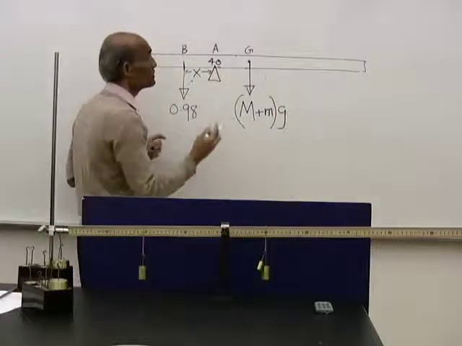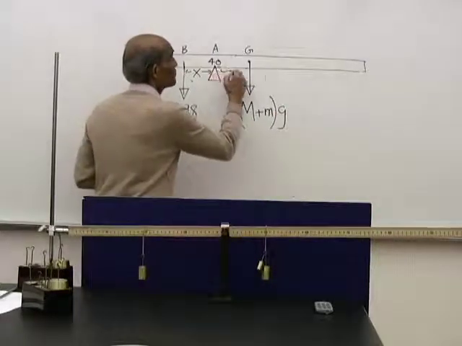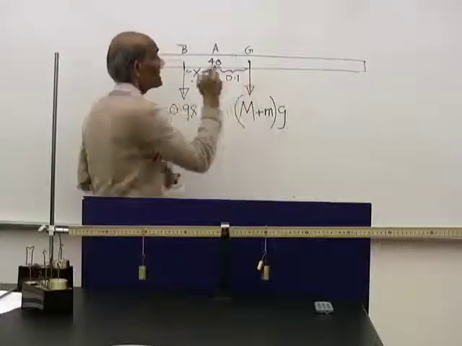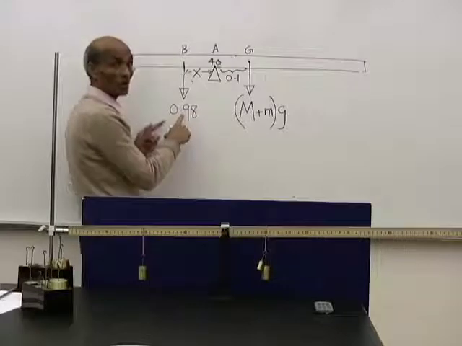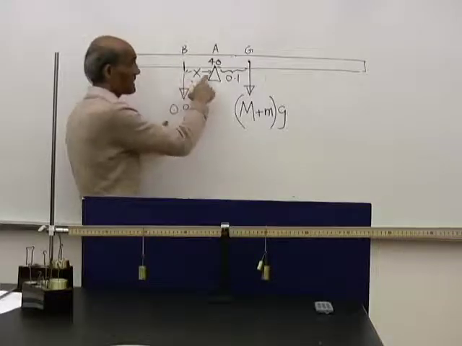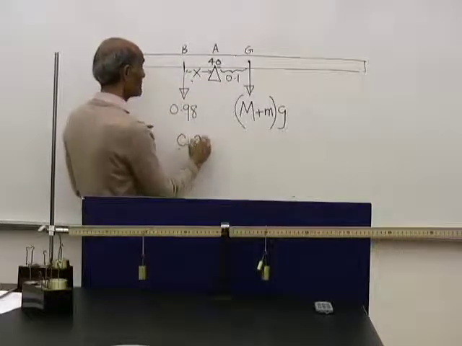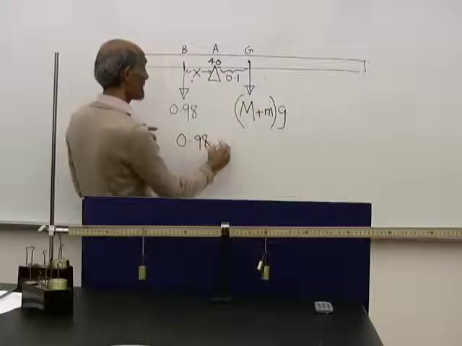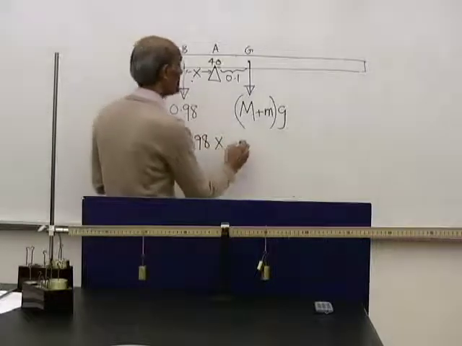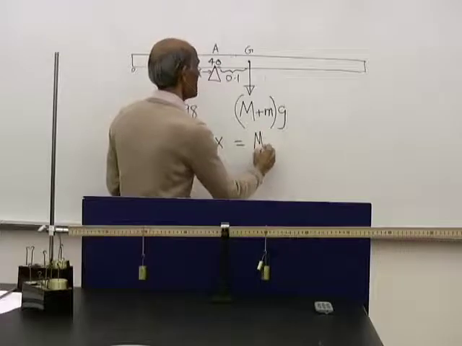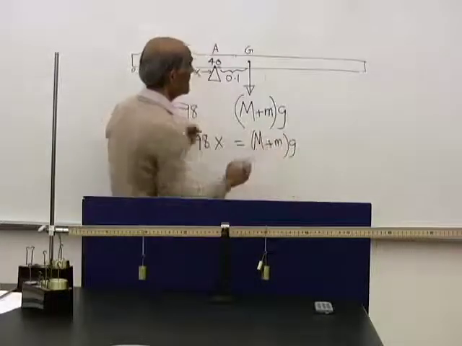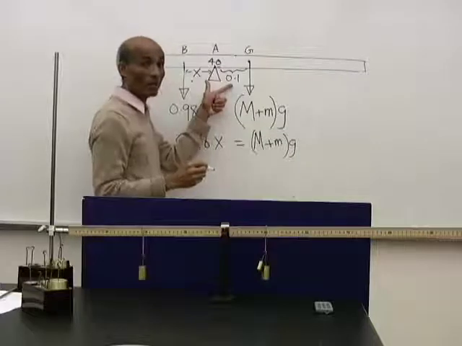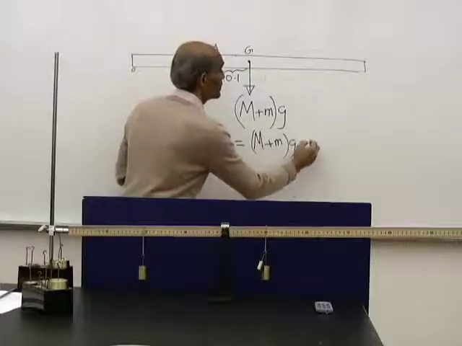That means when you take the torque, this distance is 0.1, is that right? Okay, and now write down the torque, the force multiplied by this distance: 0.98 multiplied by x will be equal to big M plus small m times g multiplied by 0.1, the distance.